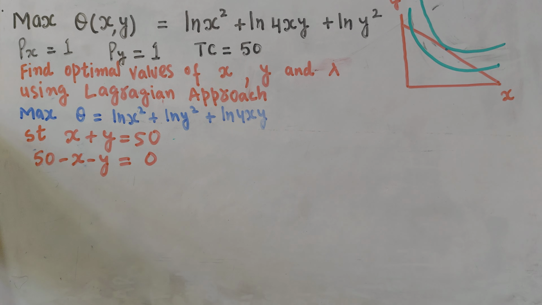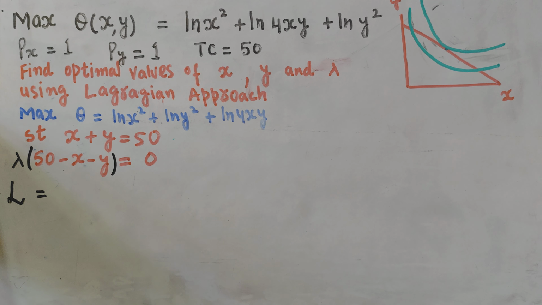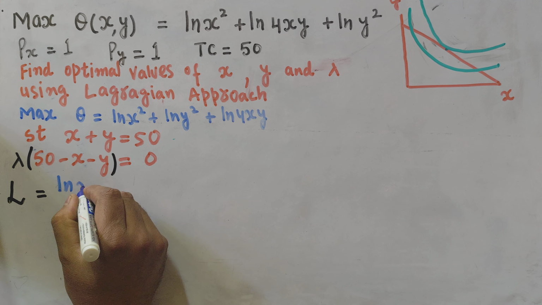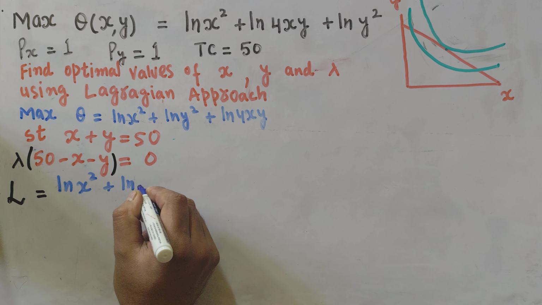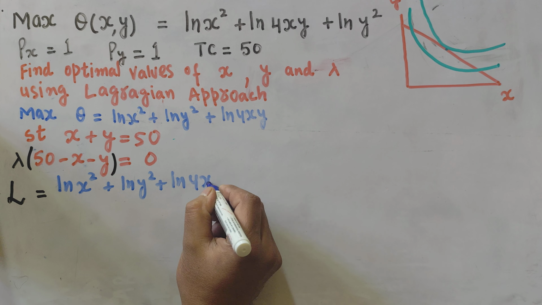Second step is to multiply the resulting constraint by lambda, and the third step is to form the Lagrangian function, that is L will be equal to the given production function, what we call the objective function, so ln of x square plus ln of y square plus ln of 4xy.